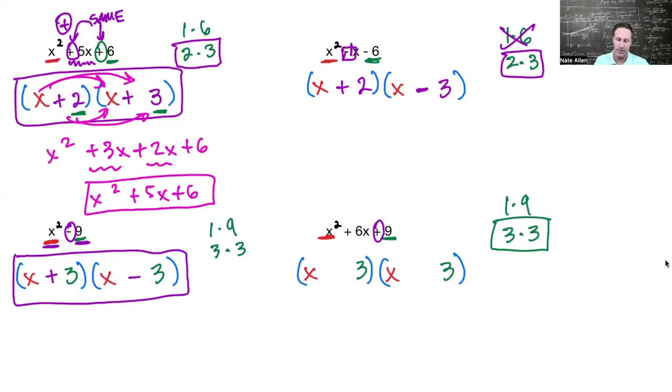So to figure out the signs, we got to look again to the middle term to get a positive 6x. Both of those would have to be positive, which means whenever I have something times itself, I could rewrite that as that thing squared.